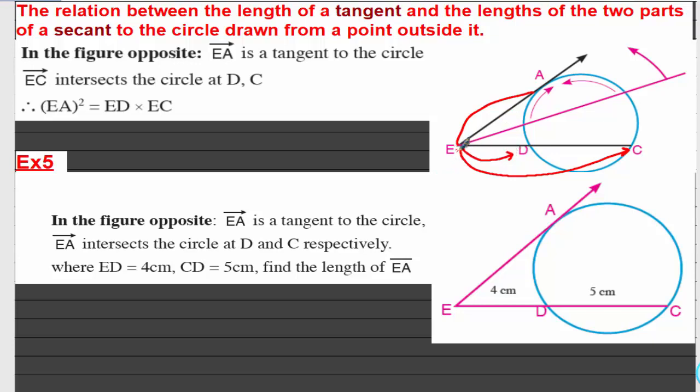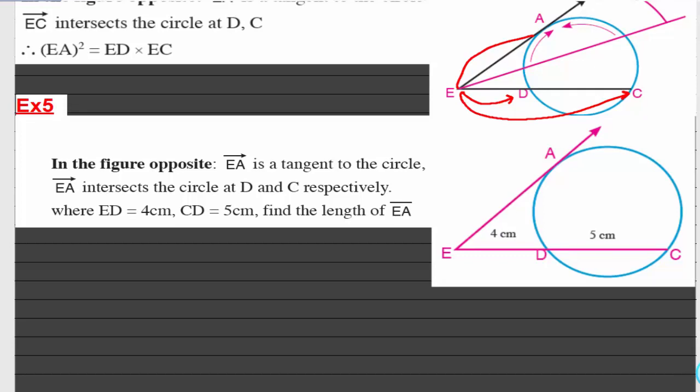We proved it already that EA power 2 equals ED multiply EC. Let's take this example. In the figure opposite, EA is a tangent to the circle, and the ray EC intersects the circle at two points D and C respectively, where ED equals 4 centimeters and CD equals 5 centimeters. Find the length of EA.